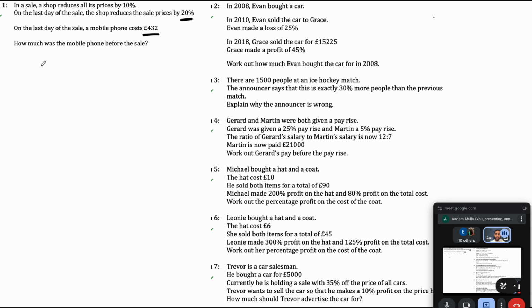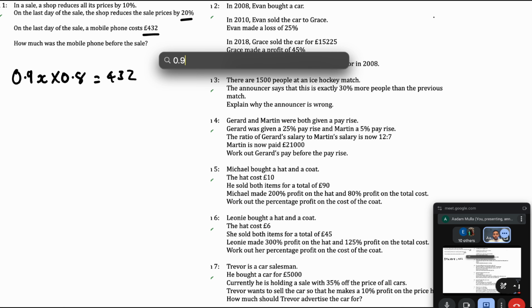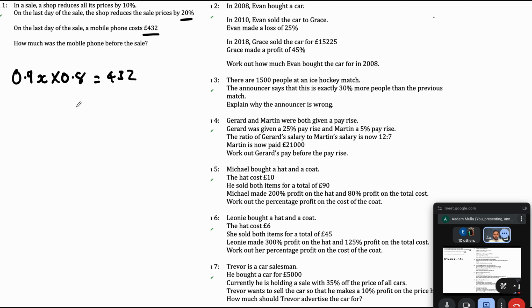So we need to think, what percentage is that? Let's just say the original price was x and it's been reduced by 10%, so it's 0.9, and then it's reduced by another 20%, so we're multiplying that by 0.8, and that's going to give us 432. So we've got 0.72x is equal to 432.